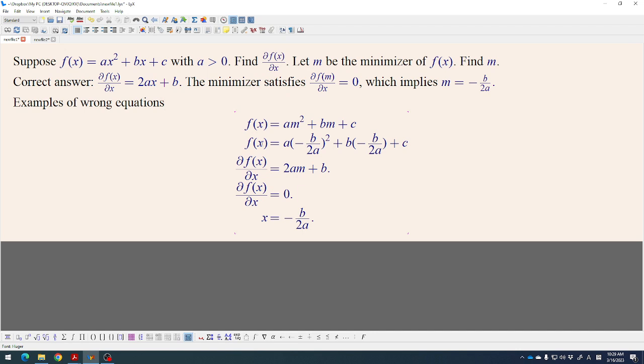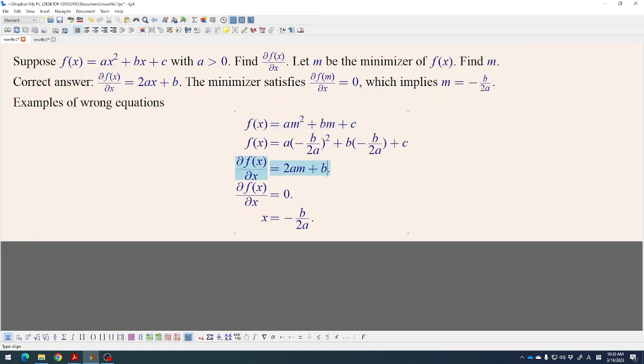And this is also wrong, exactly the same thing. x is a variable, but this is another fixed number, a constant, so the left hand side and right hand side are not equal. They are equal only when x equals m. So an equation itself can be wrong unless you have a condition. This equals this if x equals m, then it's right.